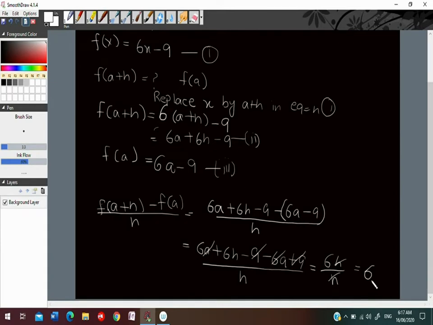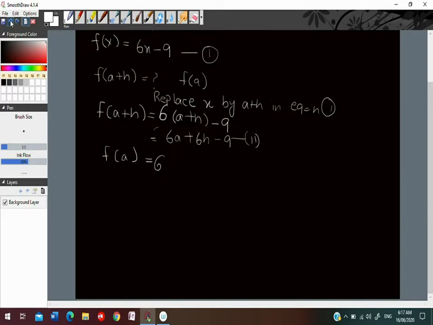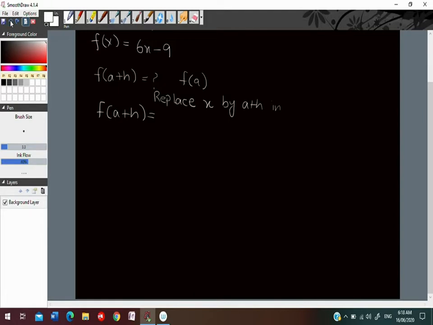Similarly, we can find the rest of the other parts of this question, and I would like to solve the fourth part of this question for you. In this question, we have a different function, that is f of x is equal to cos of x. And the rest of the question is the same.